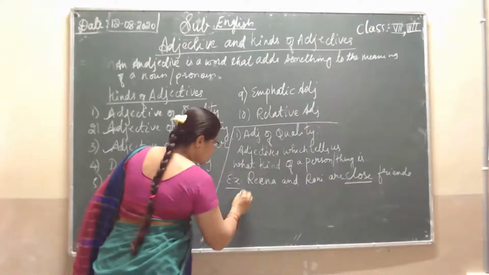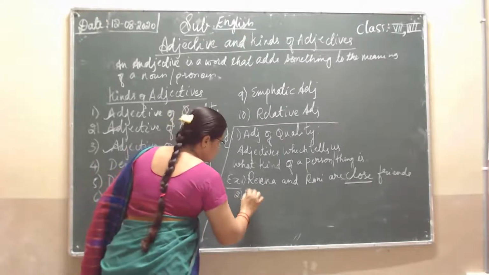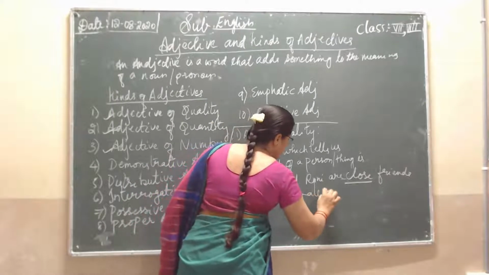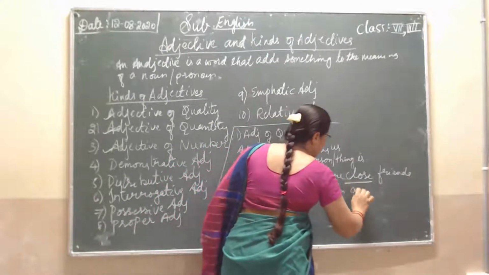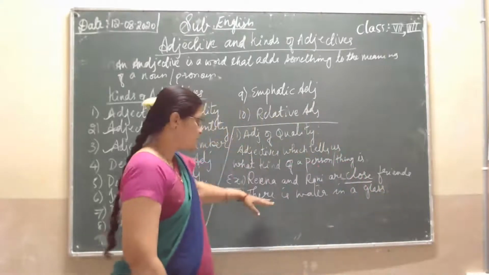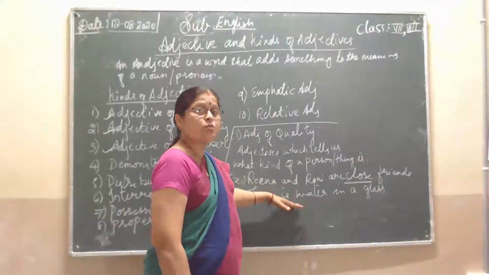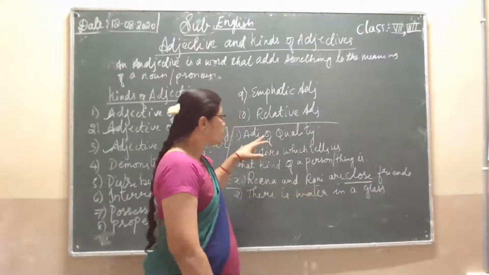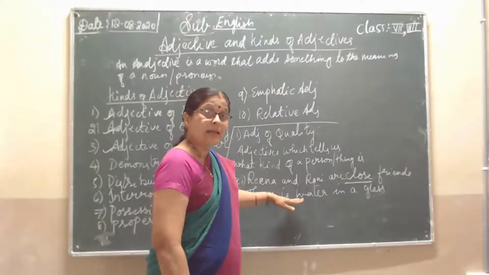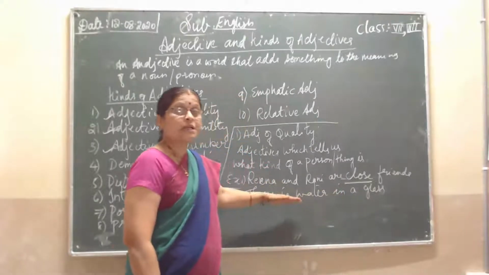So next example is, there is water in a glass. Very simple sentence it is, but we have to enhance, we have to describe something more about that water and the glass. We have to add adjective of a quality here. There is little water in a glass.